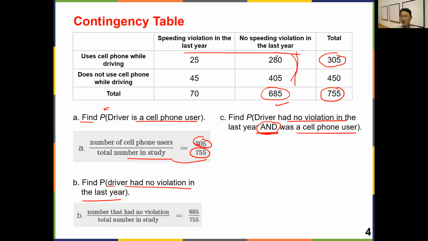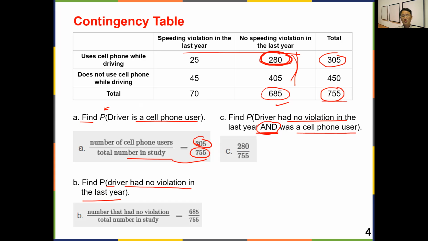So which one has no speed violation and cell phone use at the same time? This one right here. So the answer is just going to be 280 out of the total. I mean, you can still calculate this using the multiplication rule with the conditional probability.